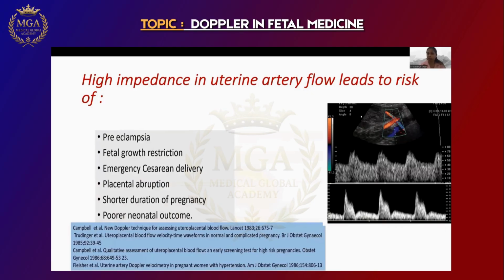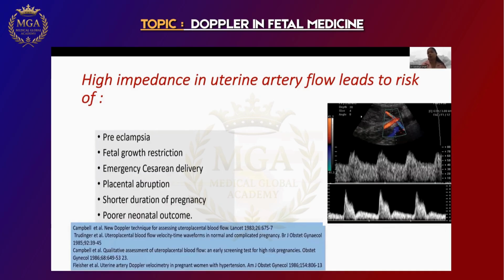We all are very well aware of the ASPRE trial, which came in 2017 and told that giving 150 mg of ecosprin is going to decrease your chance of early onset preeclampsia from 60 to 90% and late onset around 44%. So starting from NT scan, anomaly scan, even your growth scan, all the scans you have to do uterine artery because that's the source.